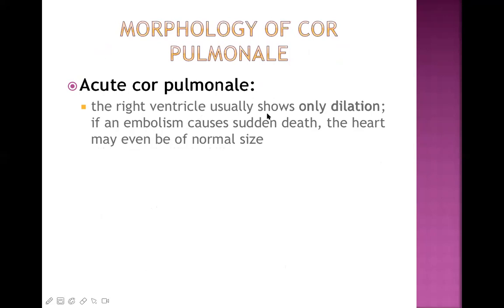Now in acute cor pulmonale, remember it is caused by pulmonary embolism. Now a little bit about pulmonary embolism here. The common source of pulmonary embolism is from deep veins of the lower limb. They suddenly get detached and move towards the right side of the heart.